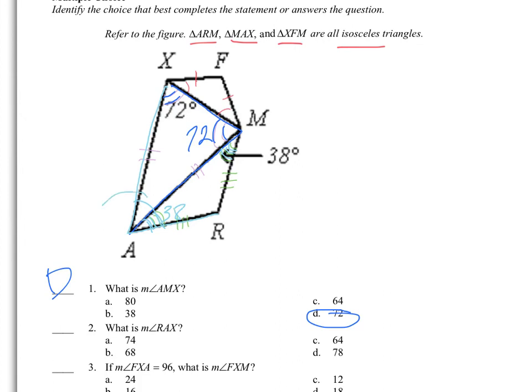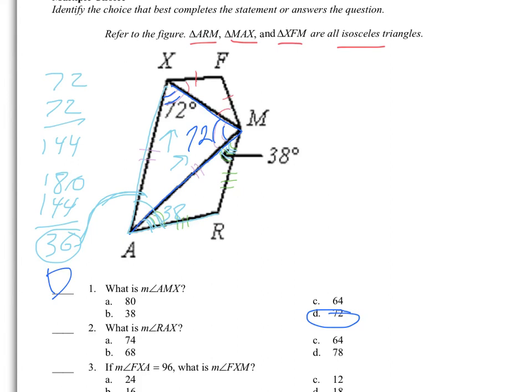Now this angle right here is the third angle in that triangle that has two base angles of 72. So we figure that out by saying 72 plus 72 is 144, and we subtract 144 from 180, giving us 36. So that angle right there is 36.